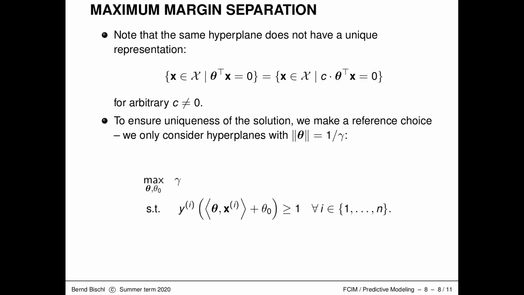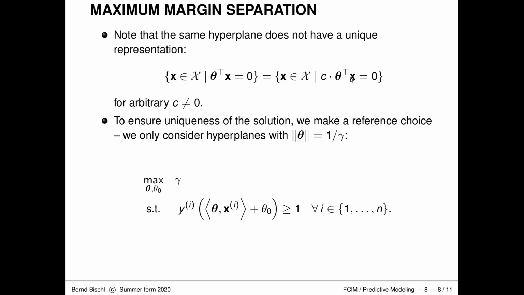If you write down a hyperplane, for example like this, and consider all of the points that lie on that hyperplane, that's a set of points, and that describes the geometric object of the hyperplane.